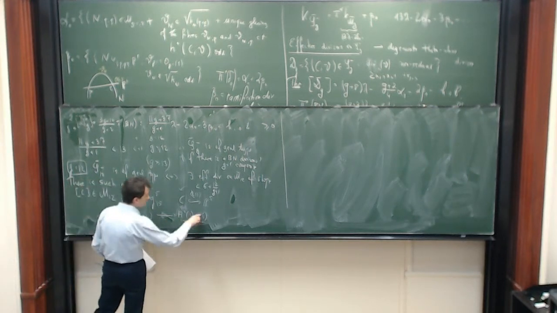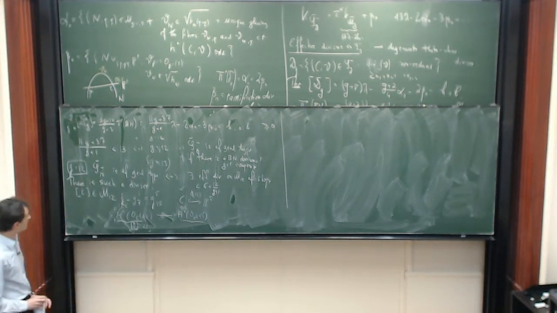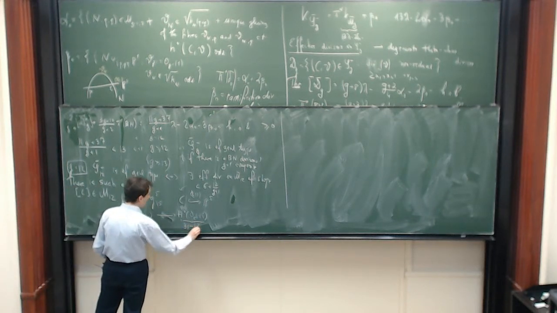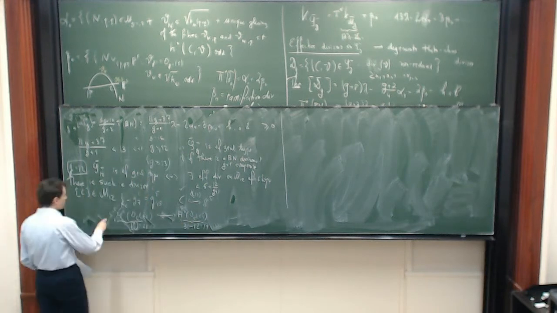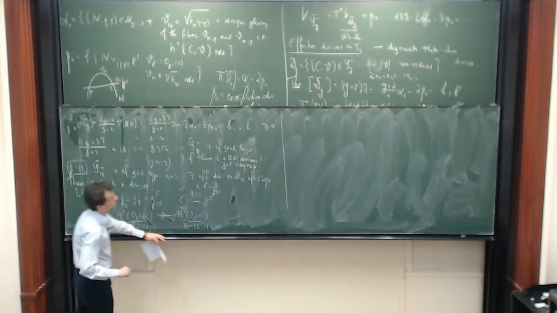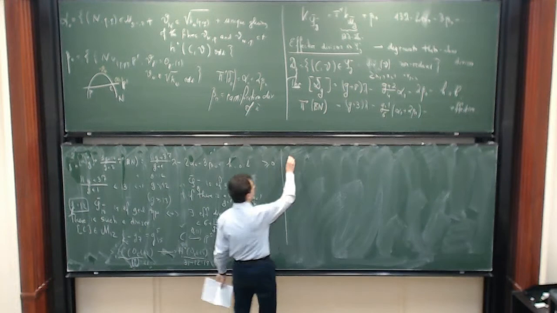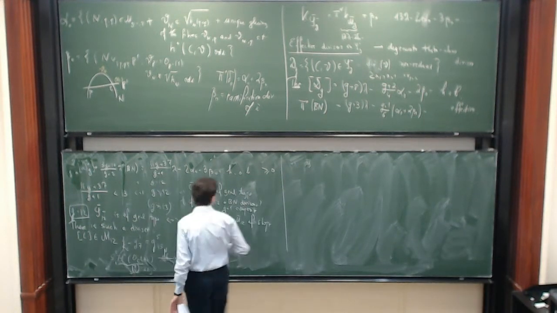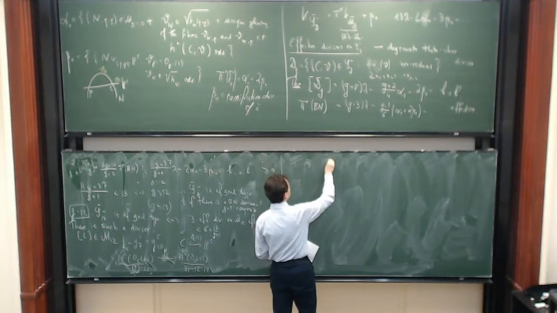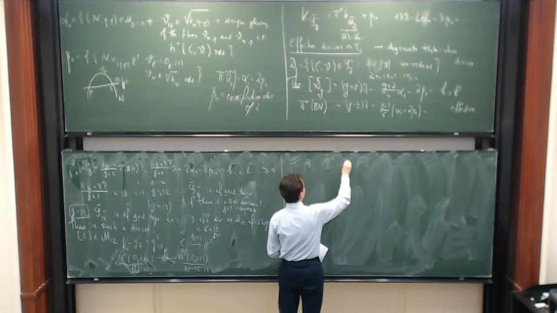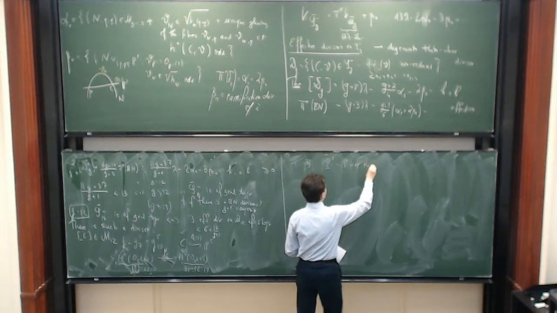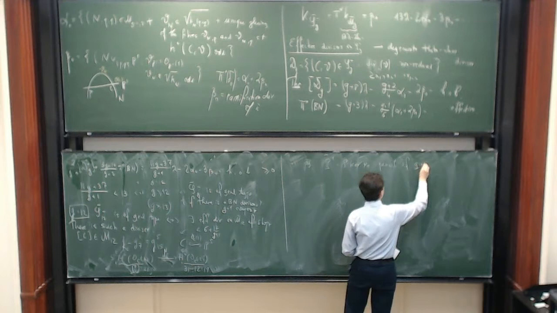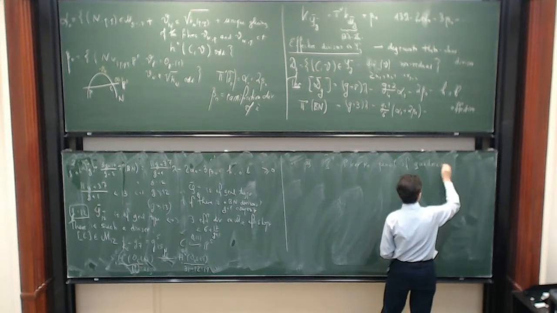And here, this is a non-special linear system, so by Riemann-Roch, this is 31 minus 12, which is 19. So there exists a pencil, a P1, of quadrics containing C.